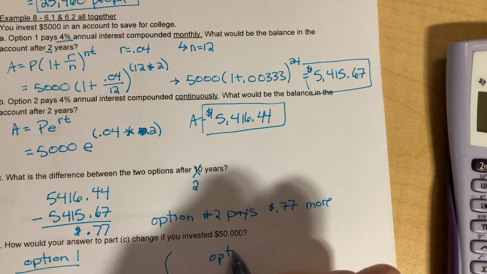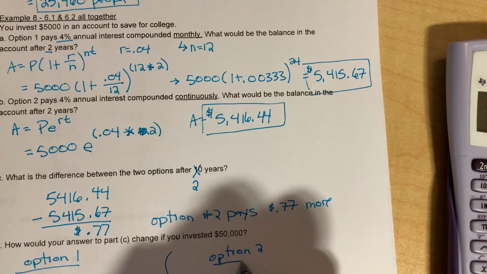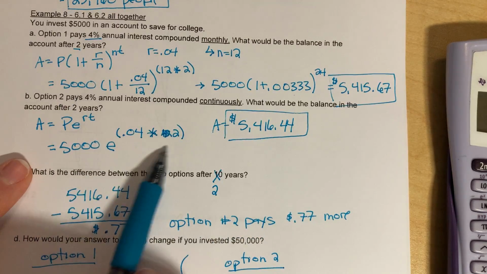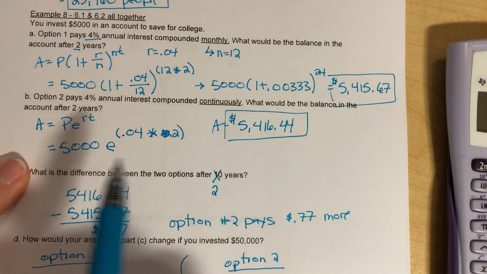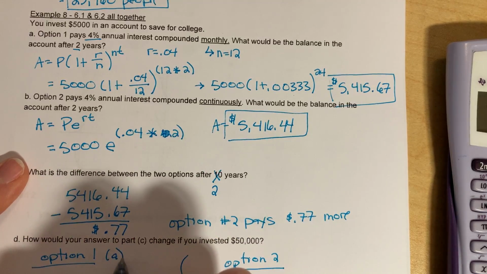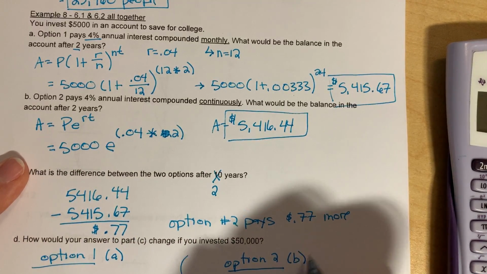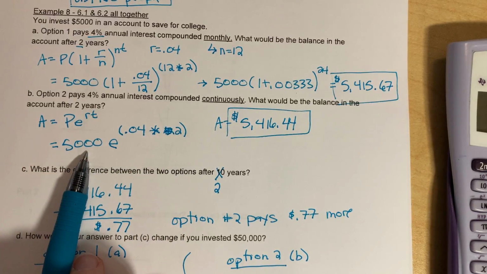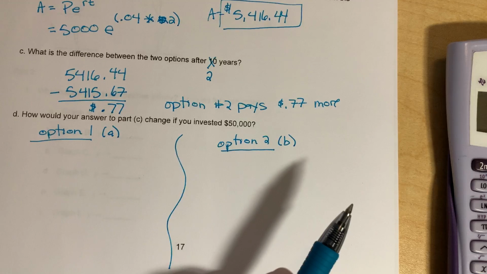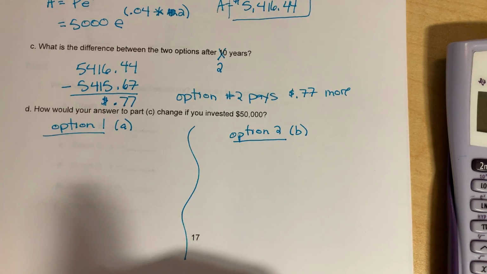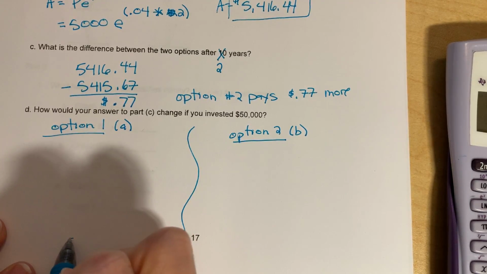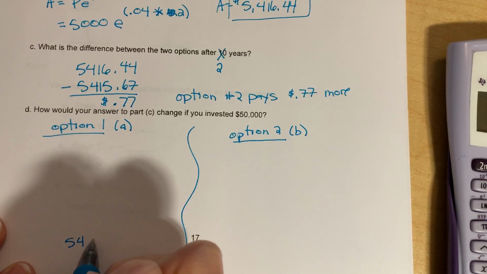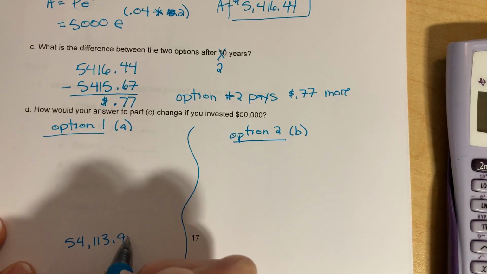And then for option 2, you're going to do everything the same as you did in part B. So option 1 is part A, option 2 is part B. You're going to do everything the same here, except you're going to start with $50,000. And what you should get for this one is $54,113.98.